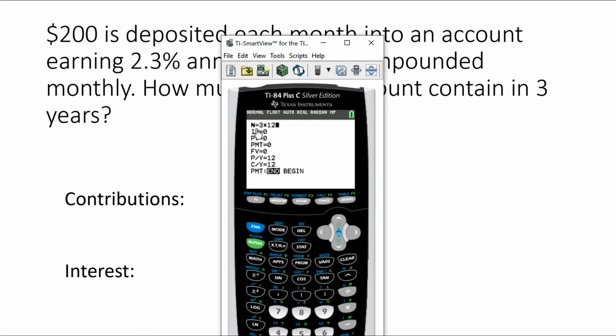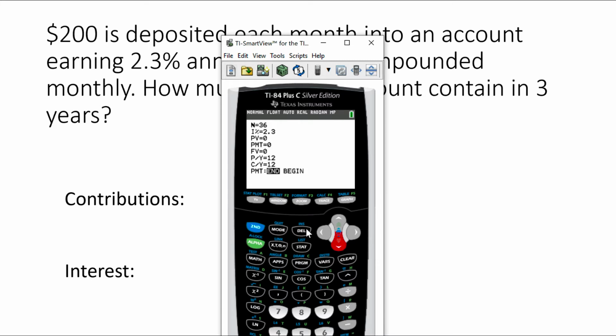We can do that calculation right in here. It's 36, which we can just type in, or we can do 3 times 12. So there will be 36 payments, and interest will be compounded 36 times. Our interest rate is 2.3%. We're not given a present value, so we'll assume that it is 0.